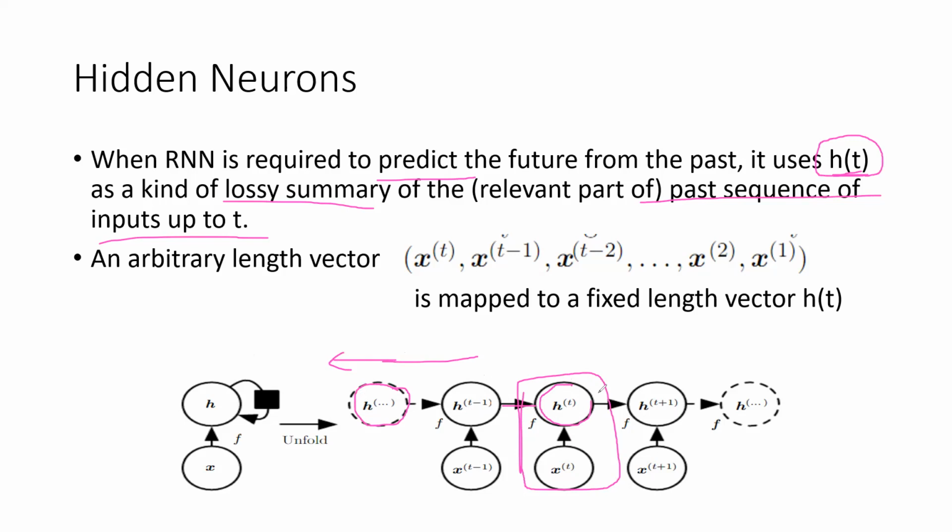HT knows everything. But what we are saying is that it's a lossy summary, because I provided many inputs, X1, X2, X3, all the way up to XT, and those inputs have been encoded.